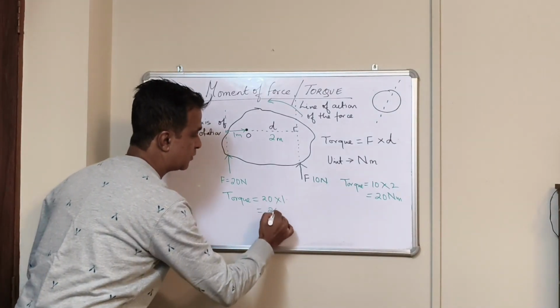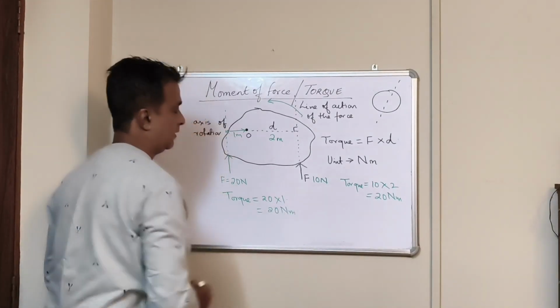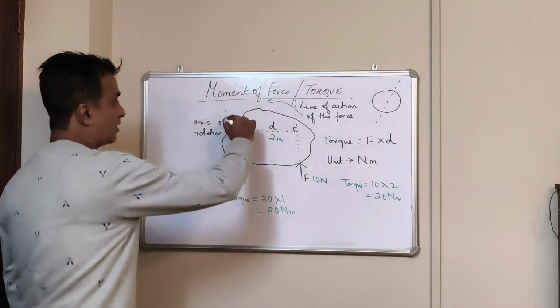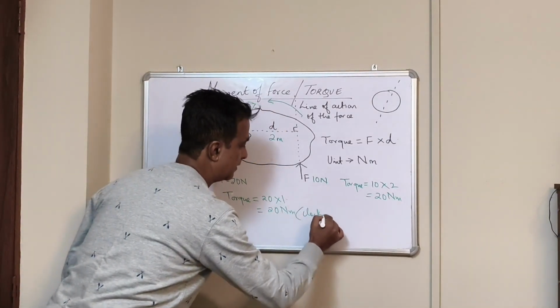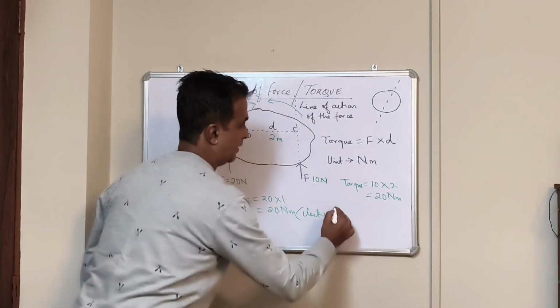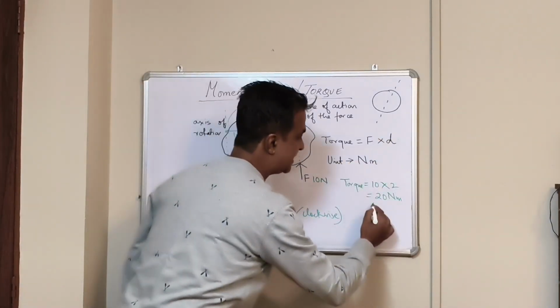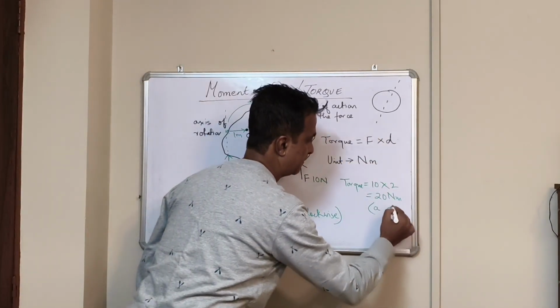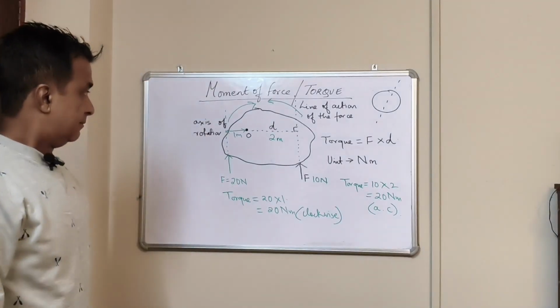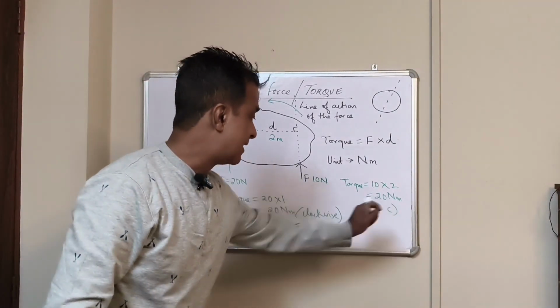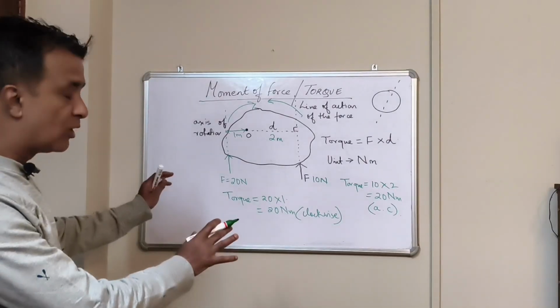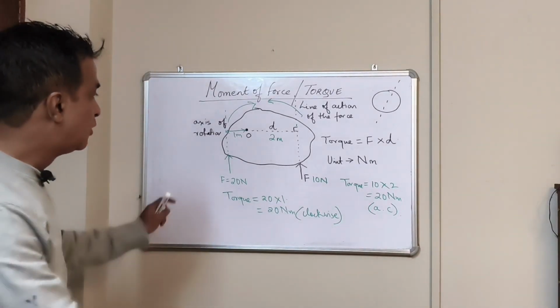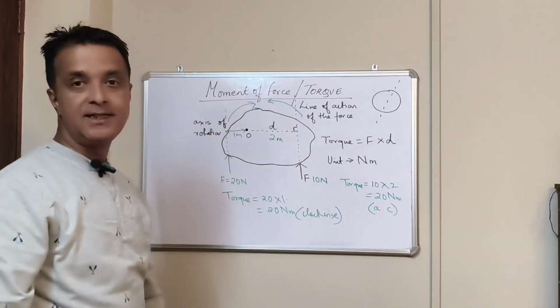So it gives us an answer of 20 Newton meter. But here the torque produced is clockwise. Whereas in the previous case it was anti-clockwise. So since there is anti-clockwise 20 Newton meter, clockwise 20 Newton meter, will this body rotate? No, it will not rotate. They cancel out each other.